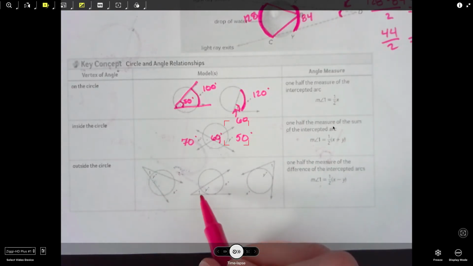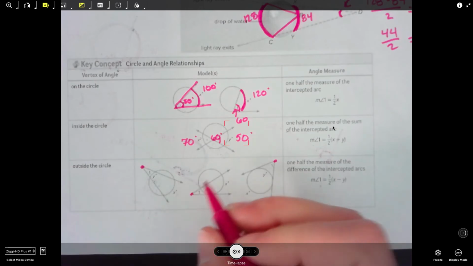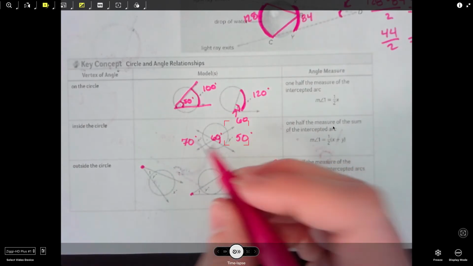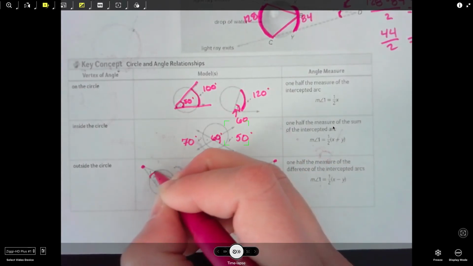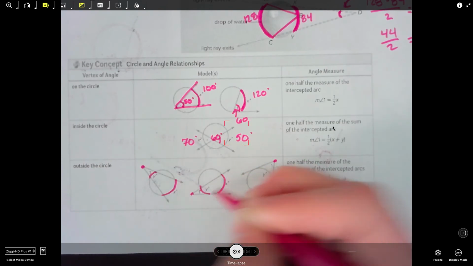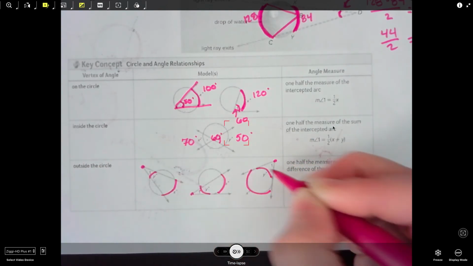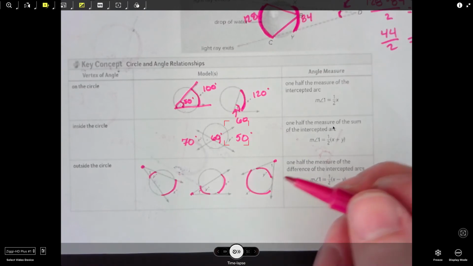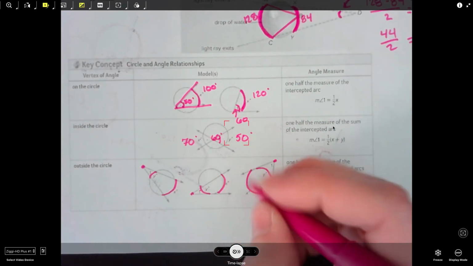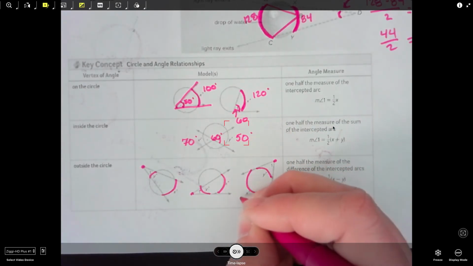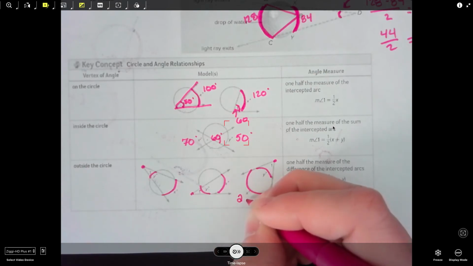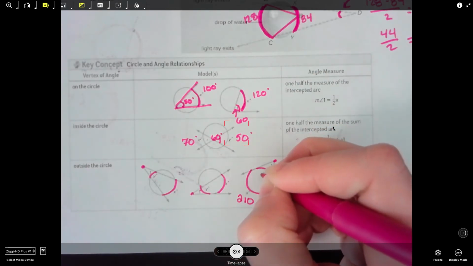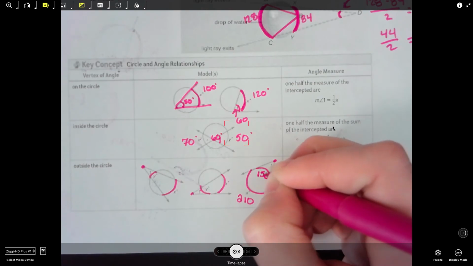And then any one of these where your vertex is on the outside of the circle, you are subtracting the large arc minus the small arc, dividing by 2, and that gives you the angle. So let's say this is 210 and this is 150.